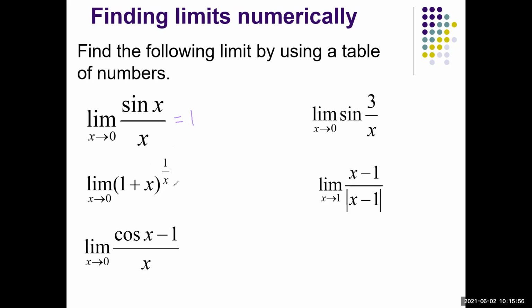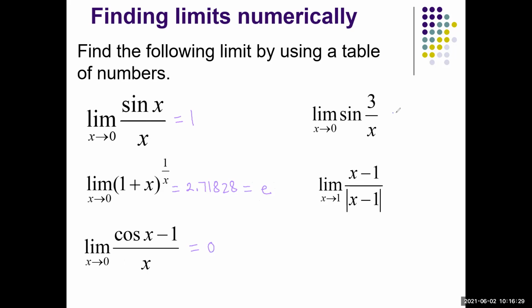If you use the tables, you're going to see it's getting closer and closer to 2.71828. It's actually a special constant called e. It's a natural number. For that one here, your answer should be 0.